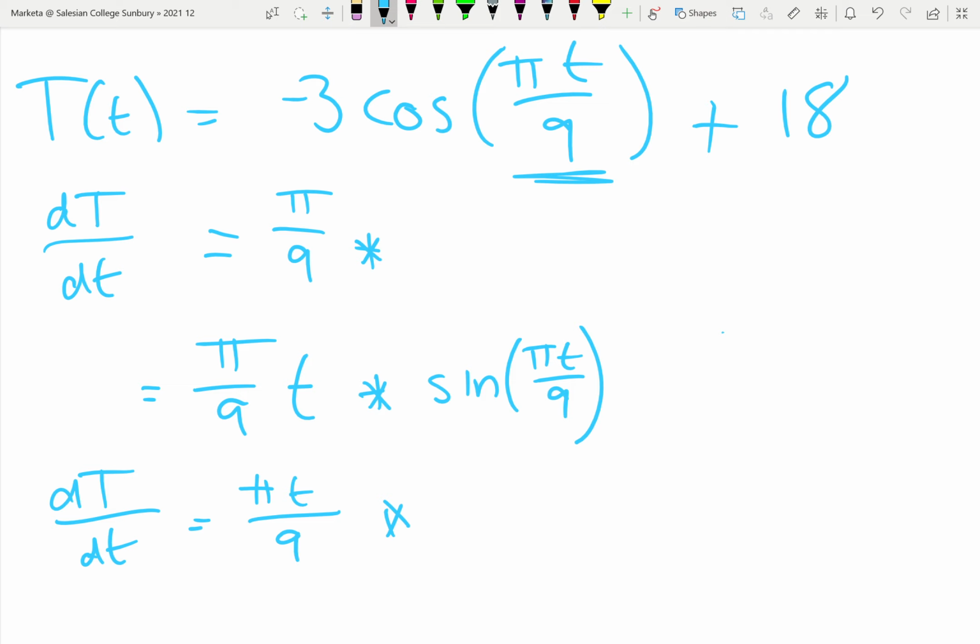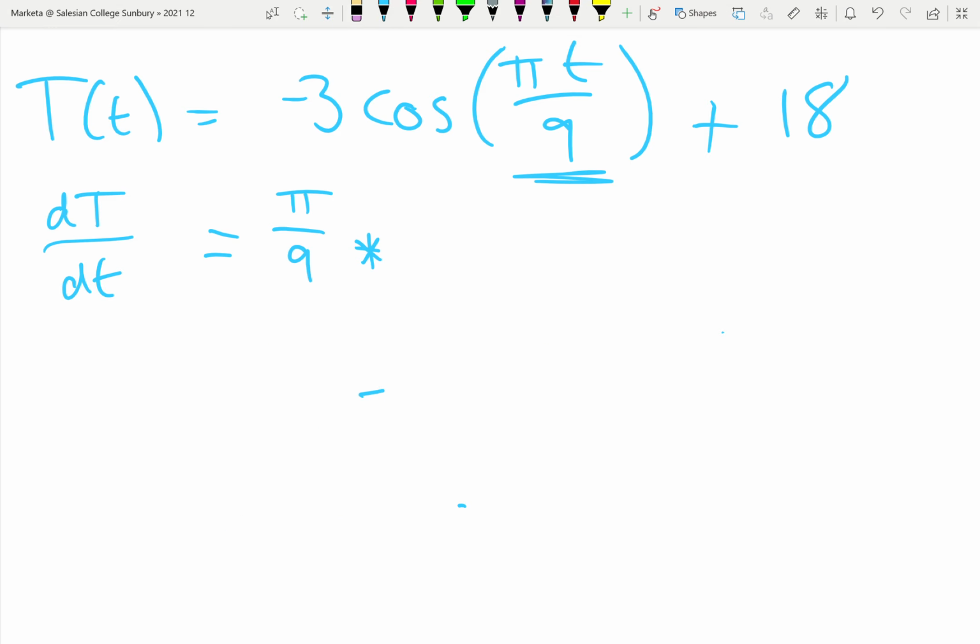So I missed that negative 3 somehow. So it's times 3. And then sine, oh dear, I'm just going to go back. Take 2. So I've left out that negative 3, so I'm going to leave the negative 3 there.